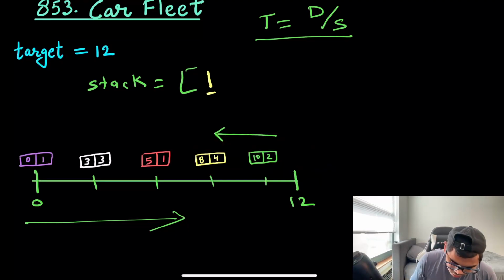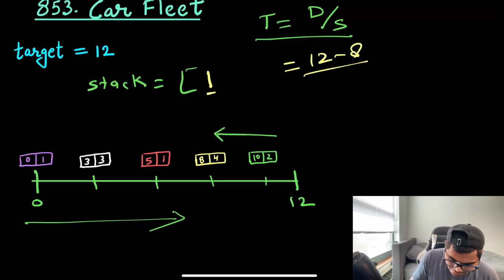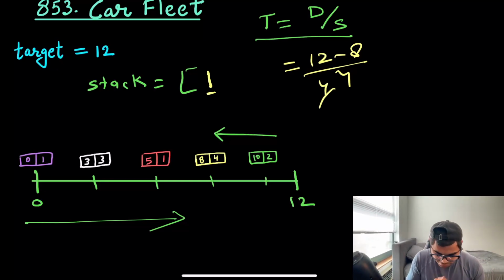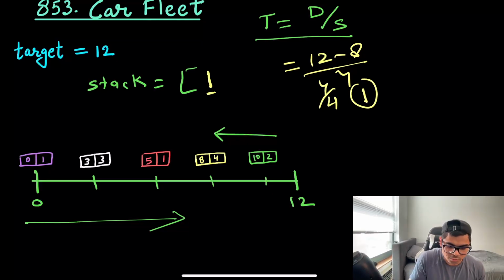All right, so let's check for the car at position 8. Its time would be, distance would be 12 minus 8 divided by 4, which is 4 by 4. So that means it's equal. Basically 4 by 4 is 1. 1 is equal to this right here.